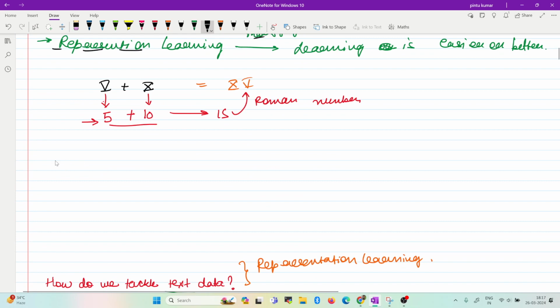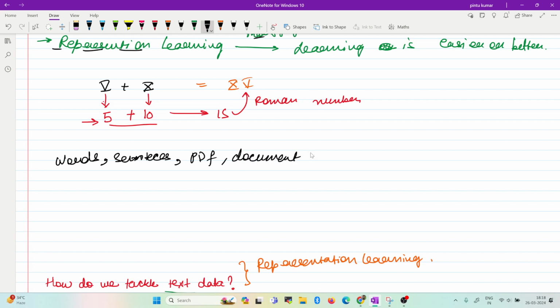Let's say you have some words, or some sentences, or even some complete texts, like PDFs or a complete document, and you want to pass them through some machine learning or deep learning model.